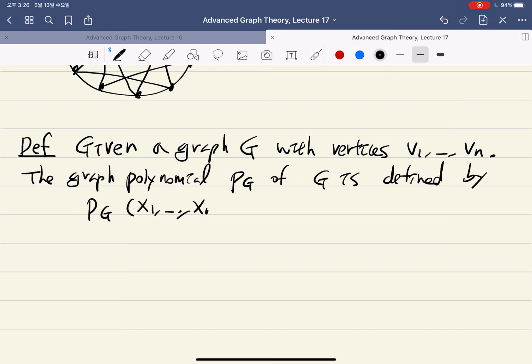There are n variables, x1 to xn. You consider all pairs ij where j is bigger than i, where vi vj is an edge in G, and you multiply xi minus xj.